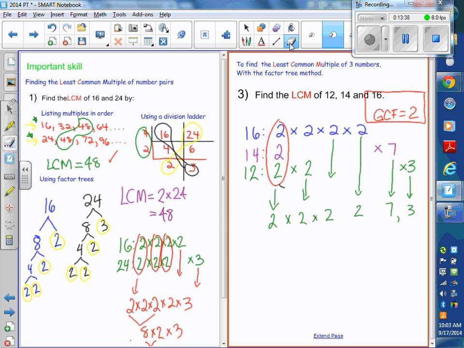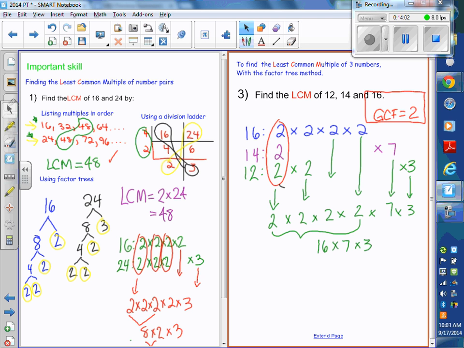And I'm going to multiply all of these together. So 2 times 2 times 2 times 2 is 16. You can times that by 7 and then multiply the whole answer by 3.